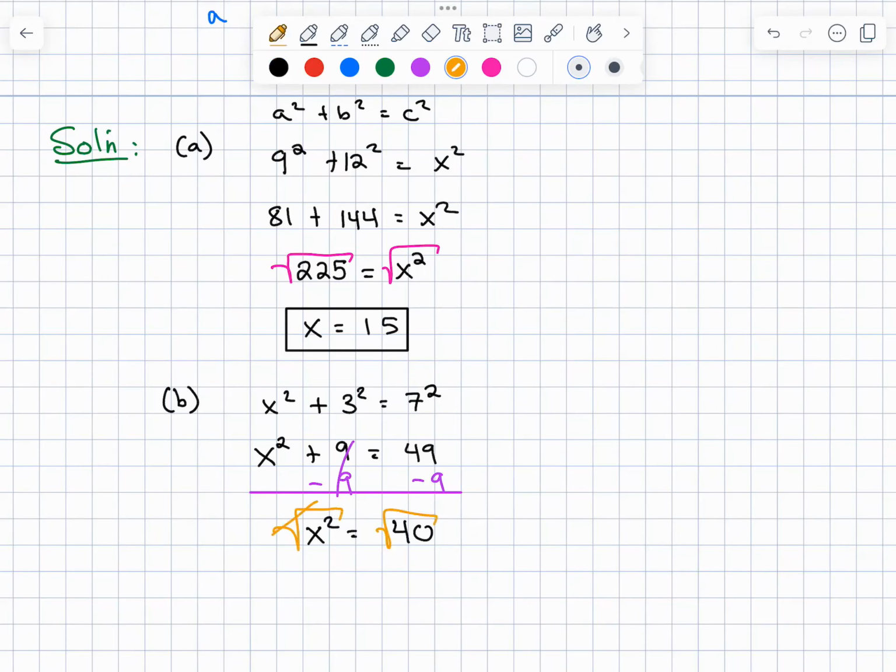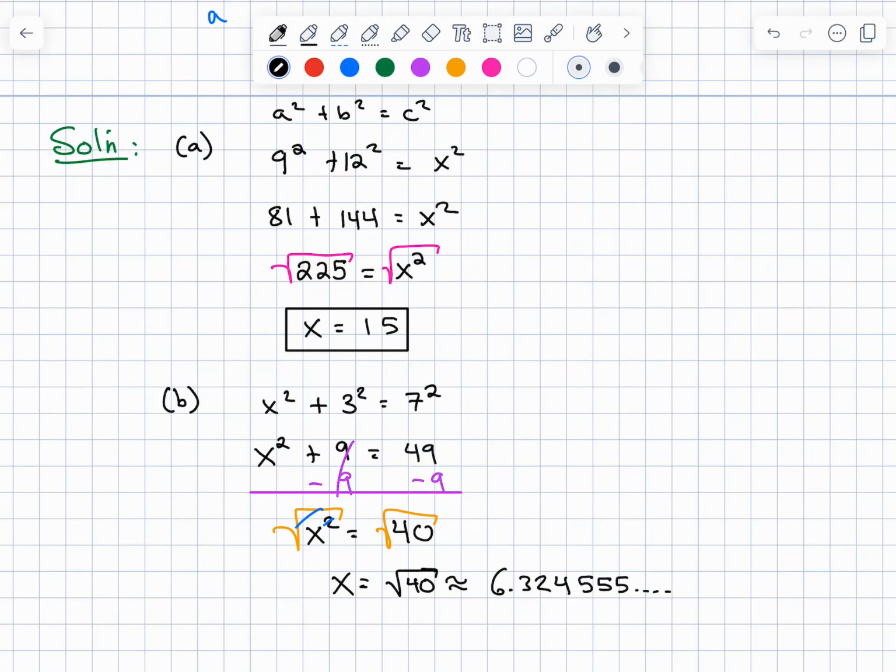to cancel out the square and the square root and get that x is equal to the square root of 40, which if we're going to approximate it, 6.32455, but we're going to round to 2 decimal places.